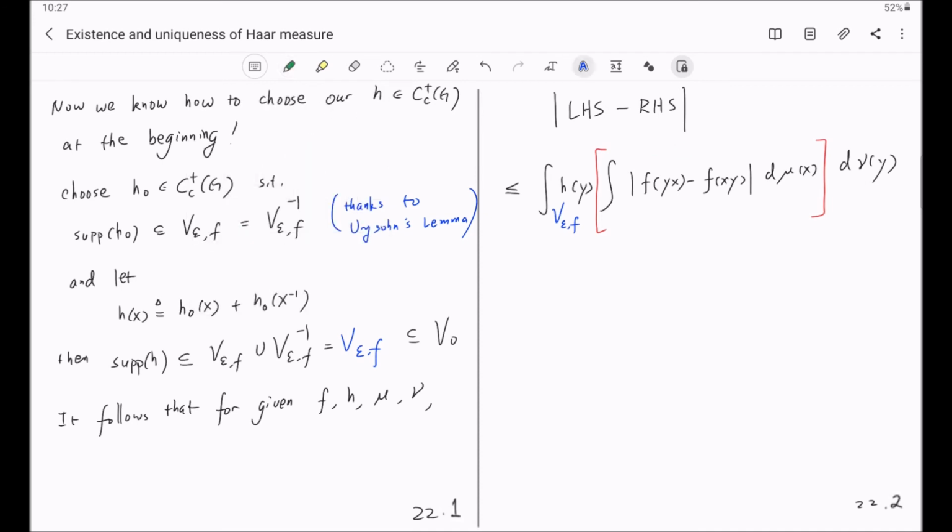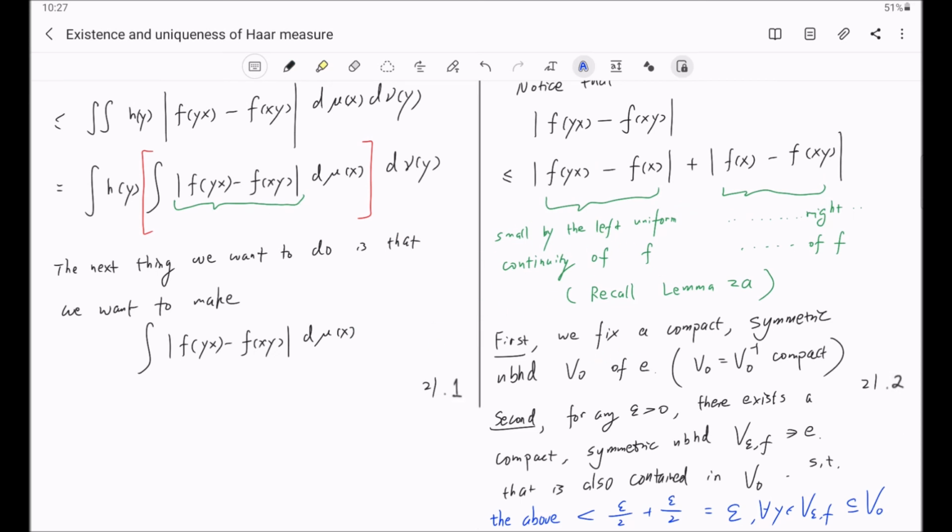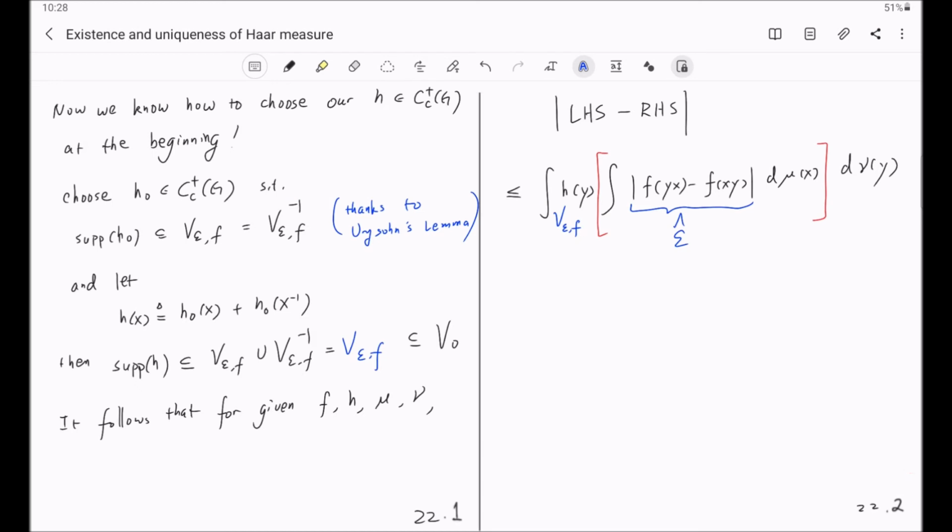Remember, if y is in V_ε,f, then this epsilon value will be less than epsilon. By our discussion in here, this epsilon value is less than epsilon for any y in here. That is why we want to restrict the domain of the integration of the outer integral to this small neighborhood of the identity, so we want to make this absolute value smaller than epsilon.